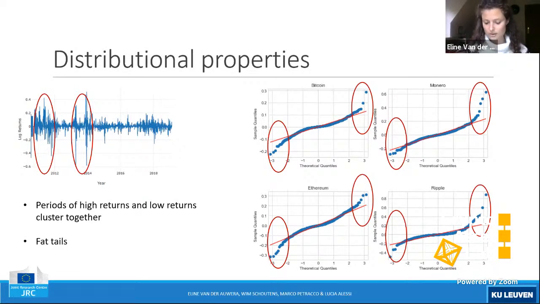And then if we look at the figures on the right, these are the QQ plots of cryptocurrencies. All of these QQ plots of the different cryptocurrencies, Bitcoin, Monero, Ethereum, and Ripple, exhibit fat tails. So now we know that if we want to fit a standardized distribution to the log returns of Bitcoin or any other cryptocurrency for that matter, we have to look for a standardized distribution which can deal with these fat tails.